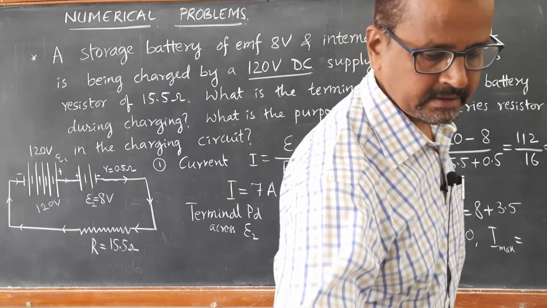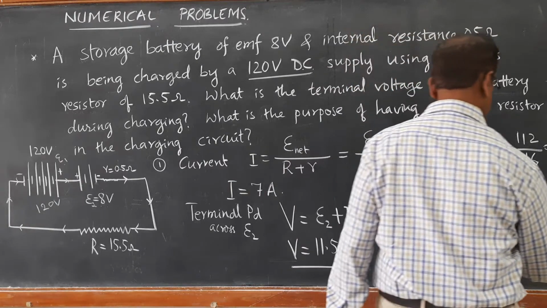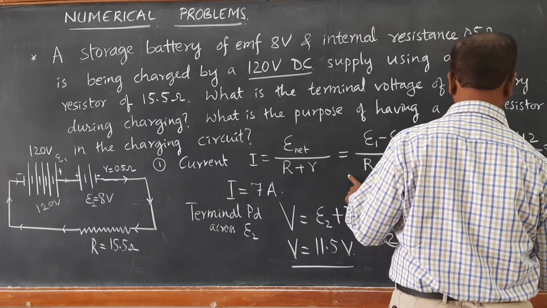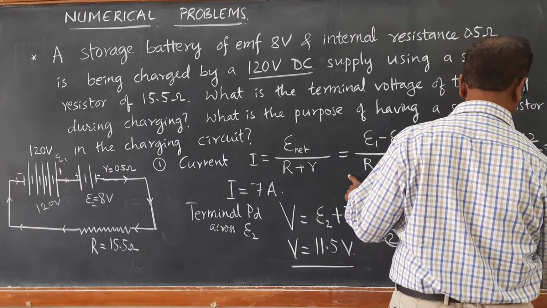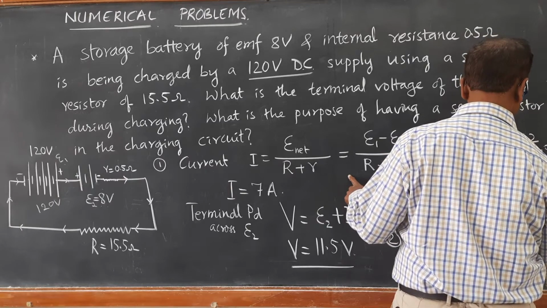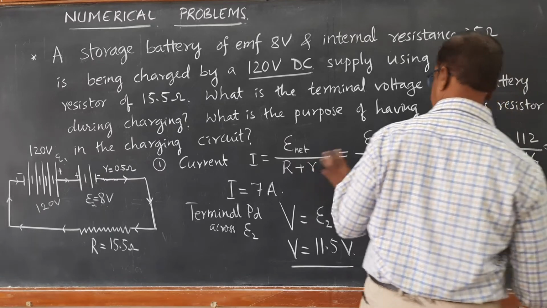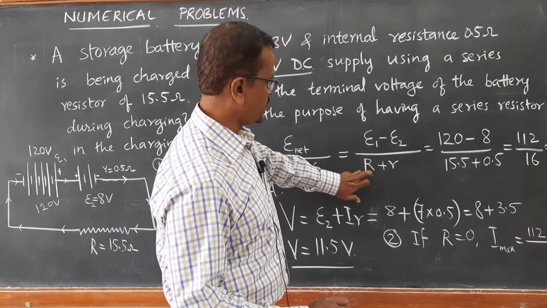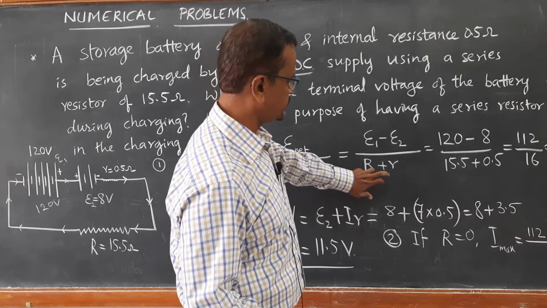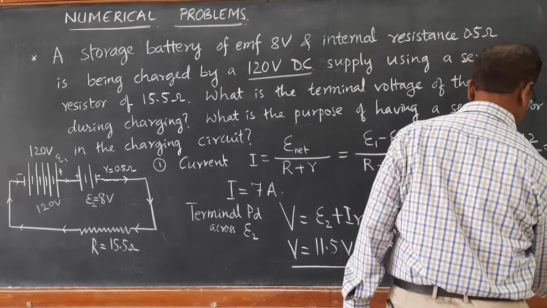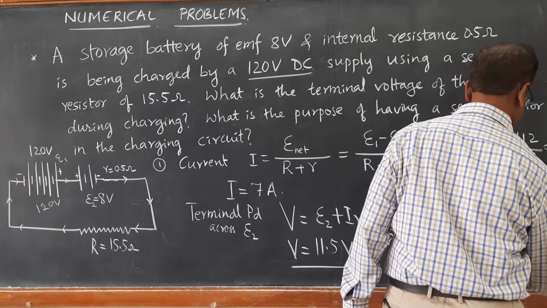What will be the value of I? Just calculate. I becomes 112, the net EMF, divided by, if R is 0, just the internal resistance 0.5.